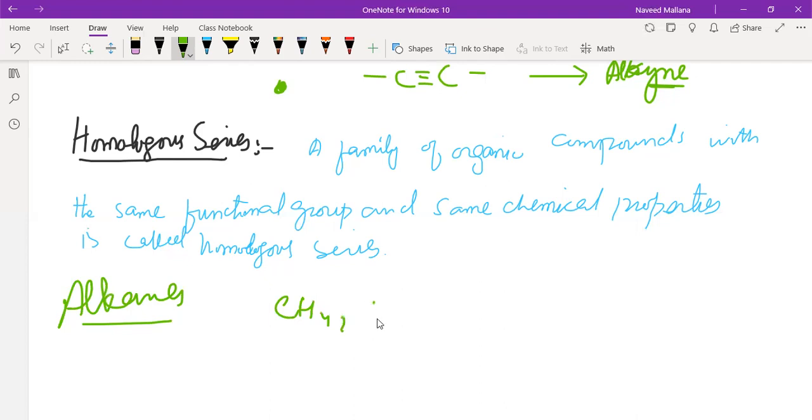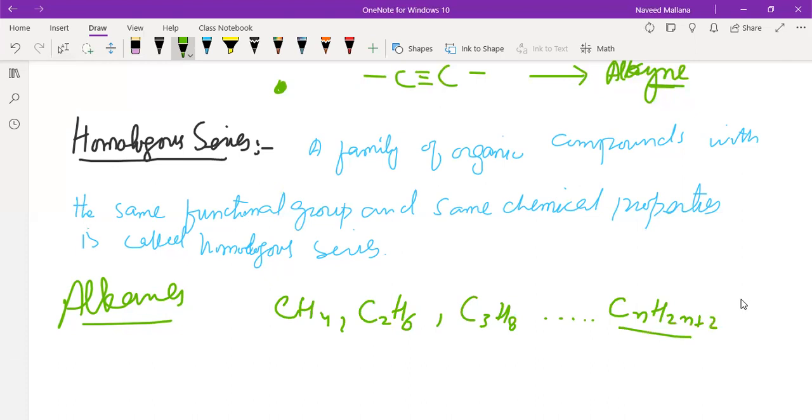Second member C2H6. Third member C3H8. It means for n, CnH2n plus 2.